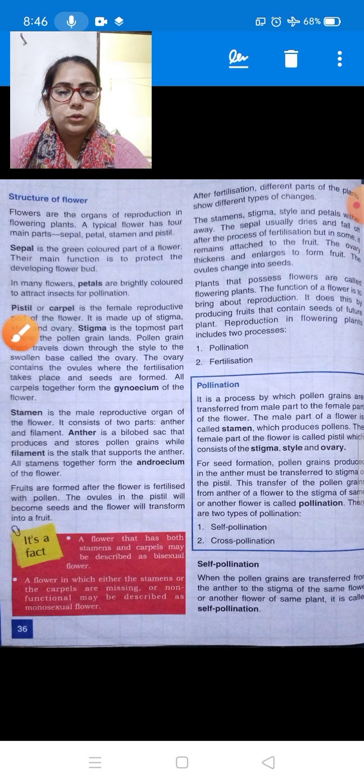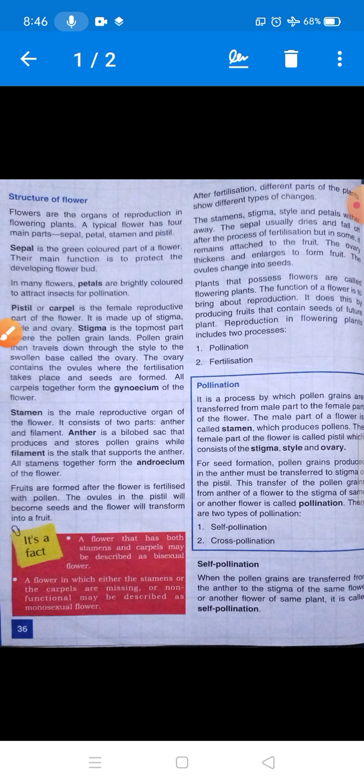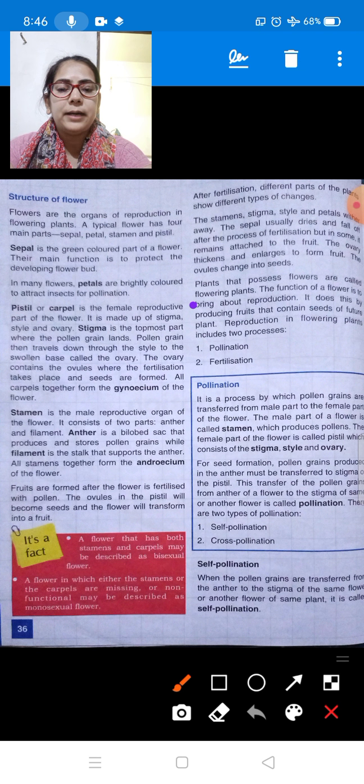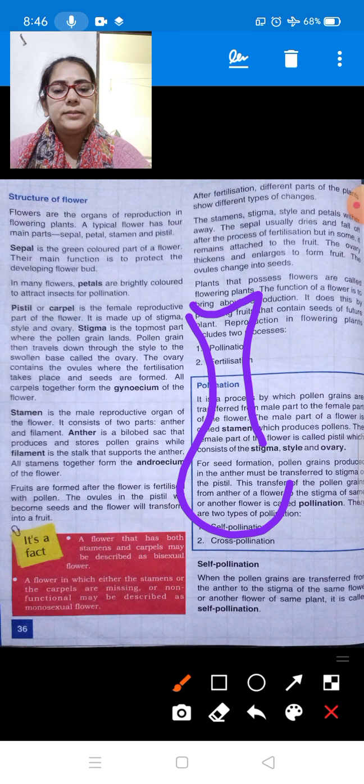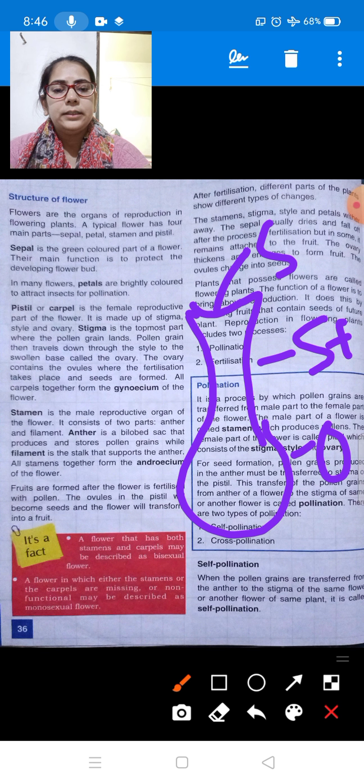And the female reproductive part, students, I told you, is the stigma, style, and at the base the ovary, right? This is the stigma, this is the style, and this is the ovary.